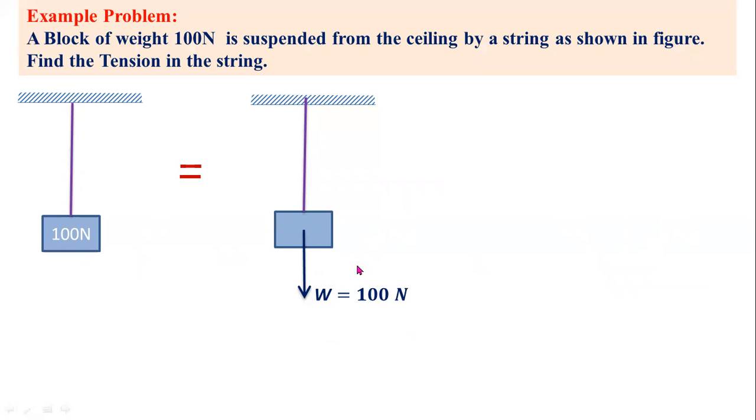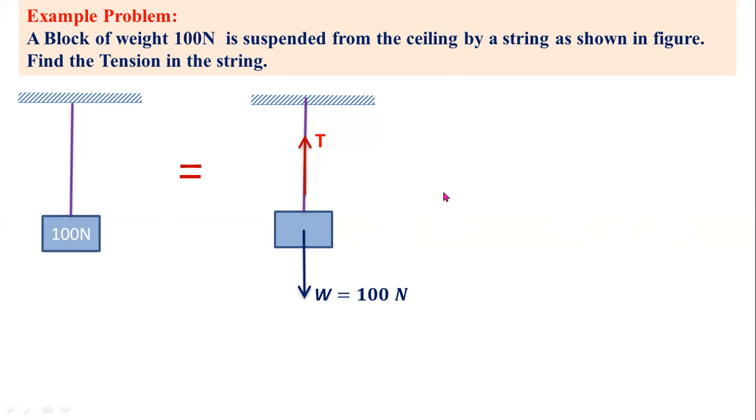By acting this load, the opposite tensile force is developed in the string. You have to consider the opposite direction, so this is the opposite reaction force developed in the string. Here I consider capital T as the tensile force in the string.